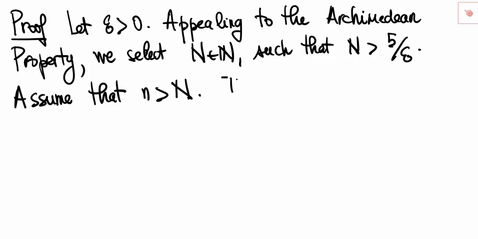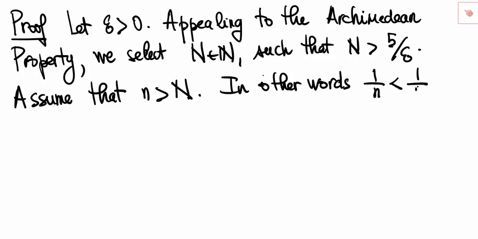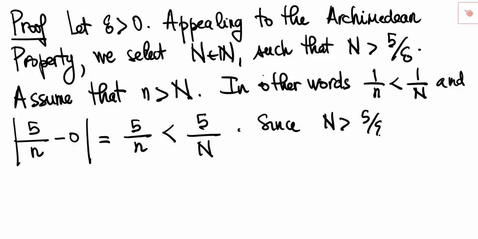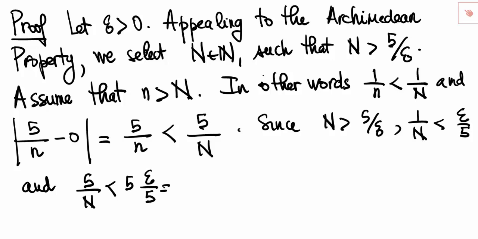So what that means, in other words, is that 1 over little n is less than 1 over N, and 5 over n minus 0 turns out to be just 5 over n, which is then less than 5 over capital N. Now, since N is bigger than 5 over epsilon, then 1 over capital N is going to be less than epsilon over 5, and 5 over N is going to be less than 5 times epsilon over 5, which is epsilon.